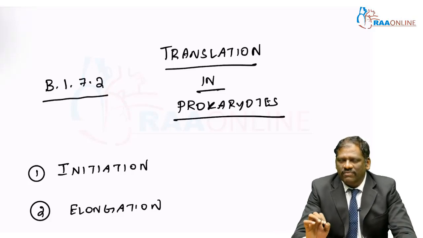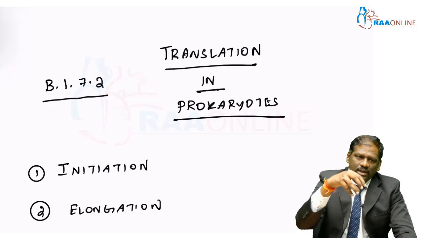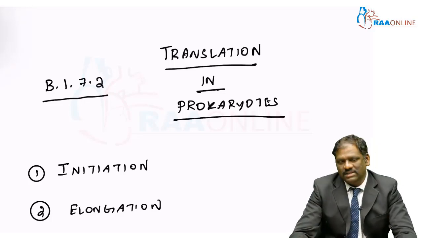Now, what was the first step in translation? Do you remember? The first step in translation is to charge your tRNA. How do you charge your tRNA? You need to attach the tRNA to a specific amino acid.